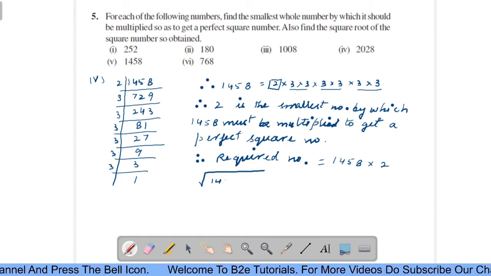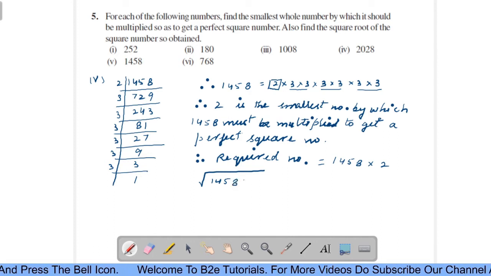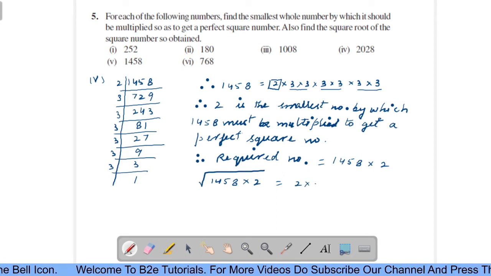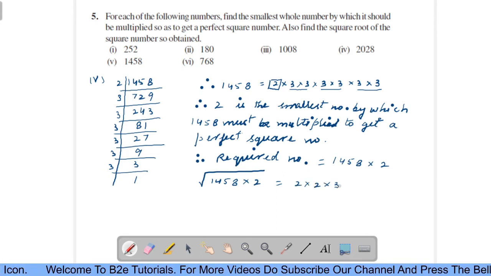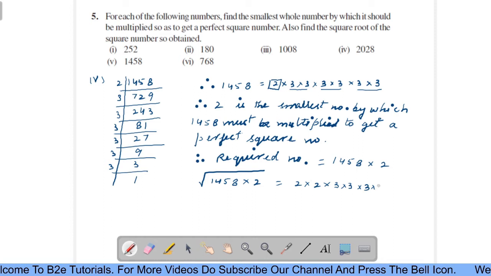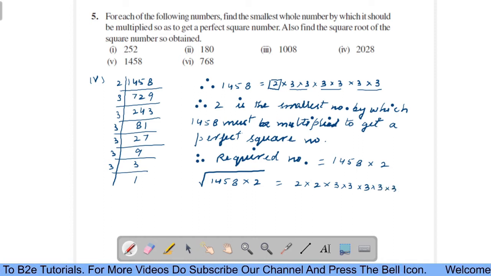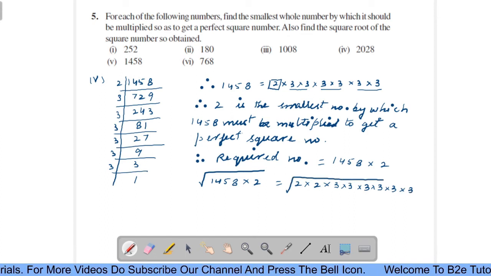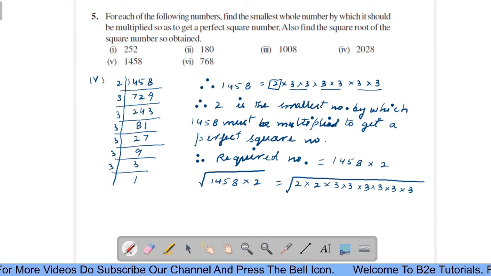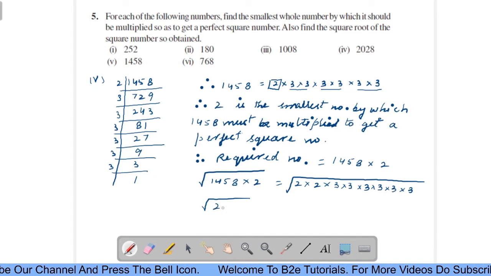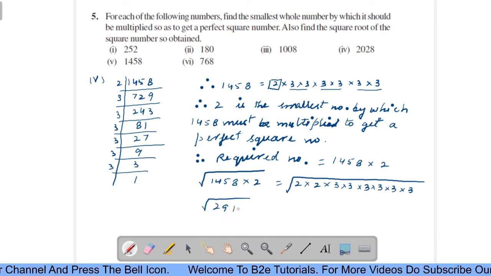It is 1458 into 2. You will get 2 into 2 into 3 into 3 into 3 into 3 into 3 into 3 within the square root. Now multiply 1458 into 2, it is 2916.